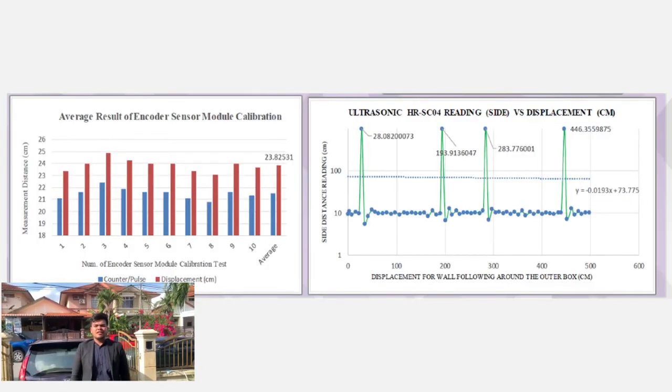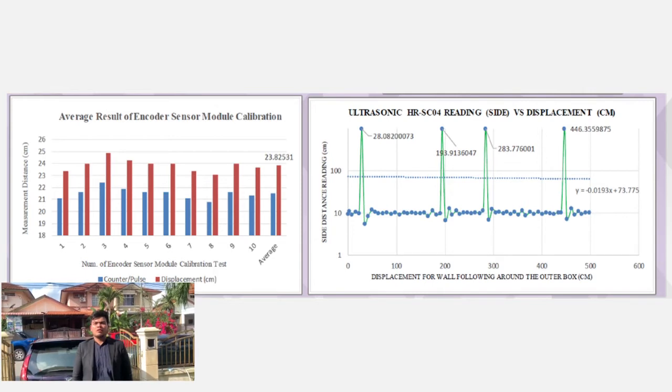Next is the bar graph of the average result of the encoder sensor module calibration. The calibration test of the sensor was made 10 times and the average is 23.82531 cm of displacement.